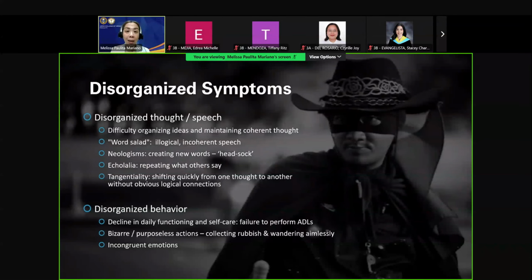There are a variety of examples. For example, word salad, where the speech is totally incoherent. You can't make sense at all of what the person is saying. It's just a random jumble of words. There are neologisms, like creating new words where there used to be none. For example, the term head sock could mean a hat. So really making up new terms that are not familiar to others.